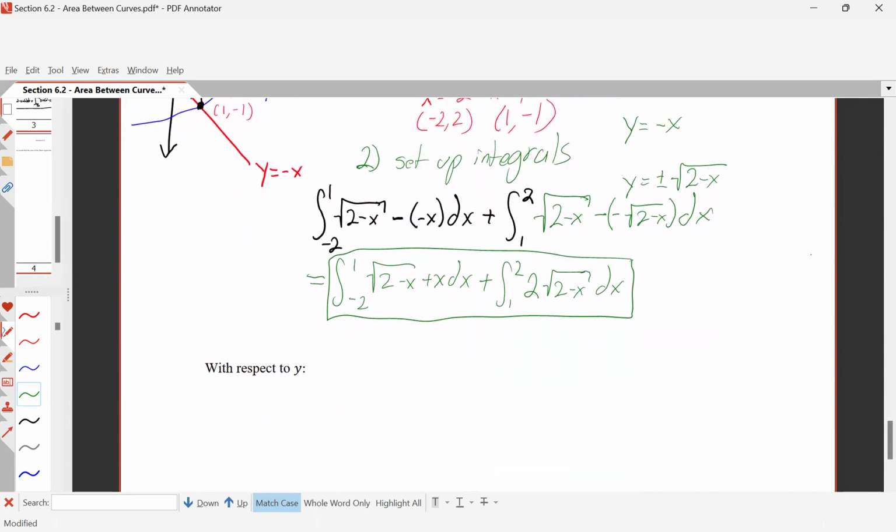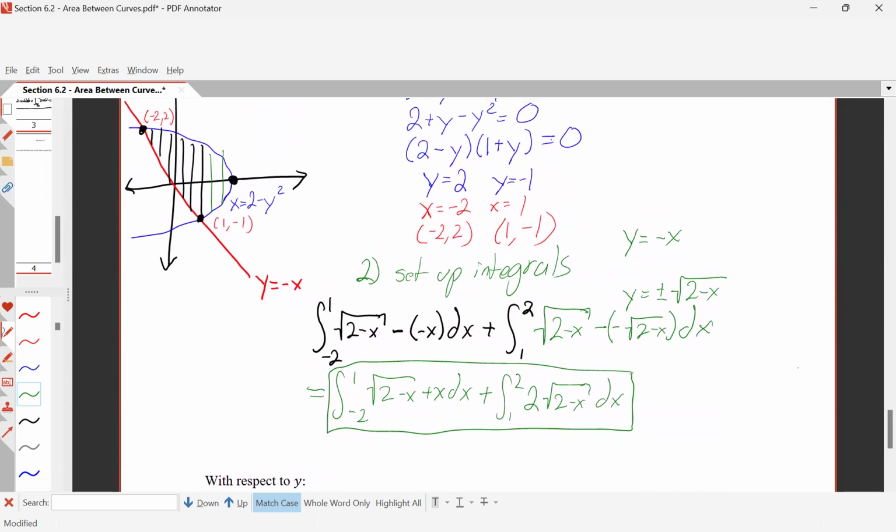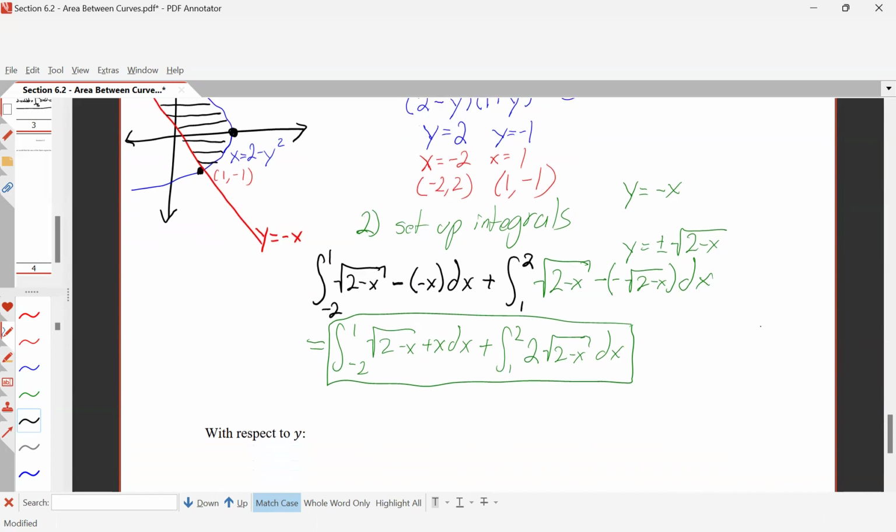Now, with respect to y, we actually have everything already set up. We have already found the intersection points. I will put that line back in. We are still finding this area, but when we're in terms of y, we're doing the right function minus the left function. The parabola is always on the right, and the line is always on the left.